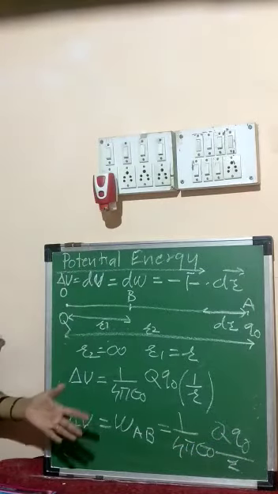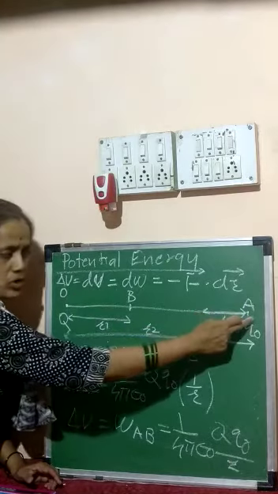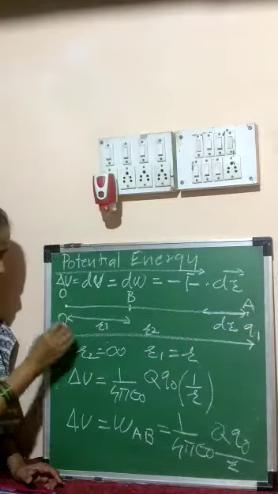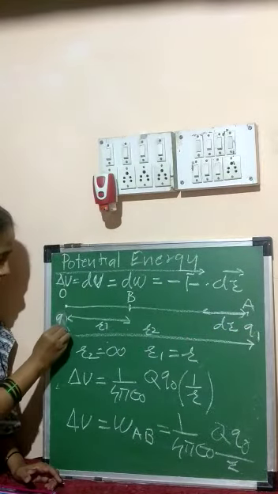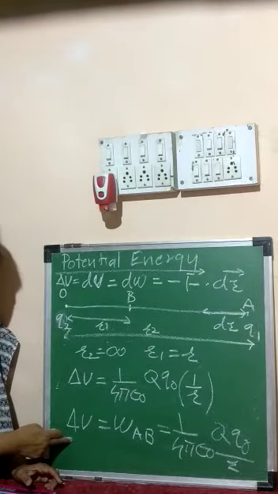Now here, so many modified formulas are there. If the test charge Q0 is replaced by Q1 and your source charge Q is replaced by Q2, then your formula gets modified.